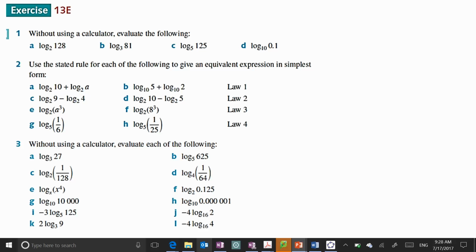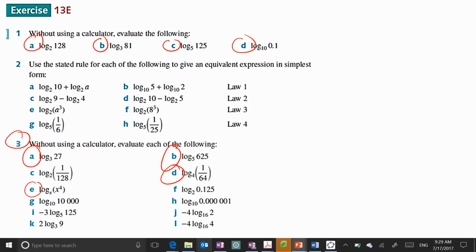Oh, there's not much. Oh, actually, I'll give you some of the ones I think you can do now. So A, B, you can do A, B, C, D. What else? Maybe I'll do this one.